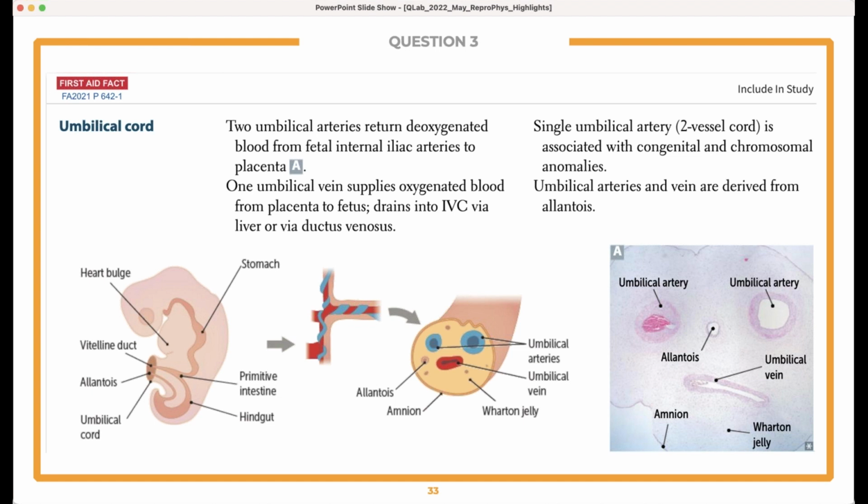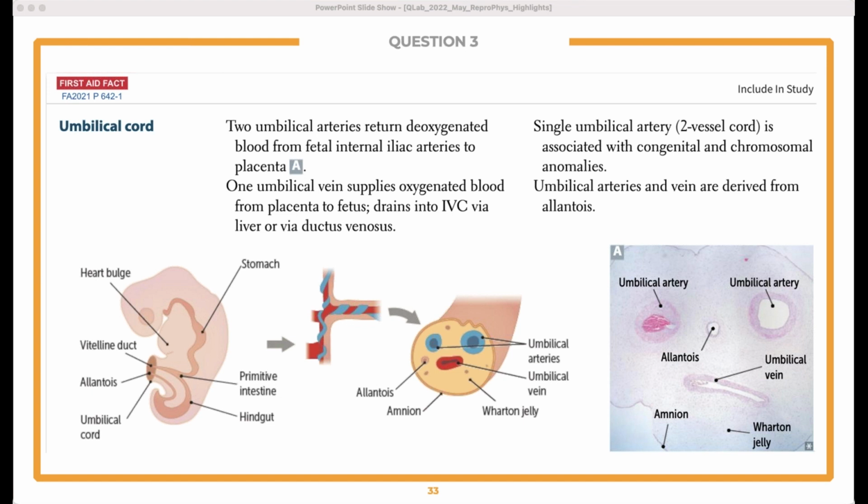The umbilical arteries return deoxygenated blood from the fetus to the placenta, while the umbilical vein supplies oxygenated blood to the fetus from the placenta. So we've got 2 umbilical arteries that have deoxygenated blood going away from the fetus, and 1 umbilical vein carrying oxygenated blood to the fetus. So our missing structure, we've got to determine what that is.